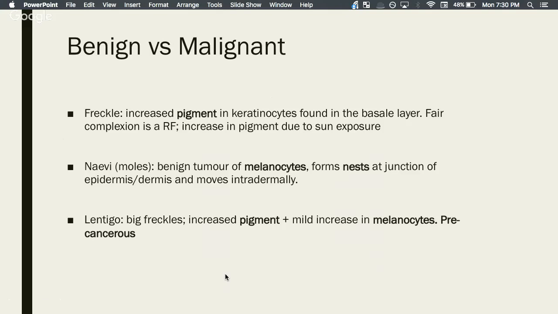Your moles or nevi are benign tumours of melanocytes, and they essentially form at the junction between your epidermis and your dermis. And lentigo are basically big freckles. They're caused by increased pigment and a mild increase in melanocytes, and they're precancerous.